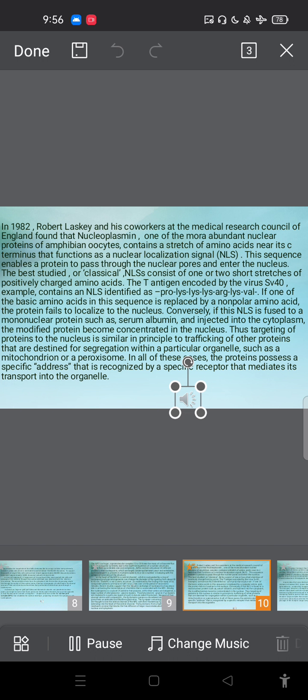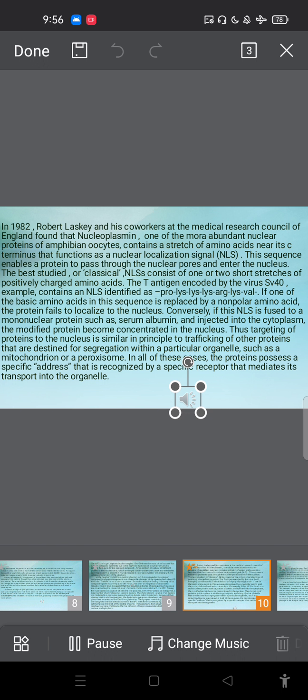The T antigen encoded by the virus SV40, for example, contains an NLS identified as proline, lysine, lysine, lysine, arginine, lysine, valine.